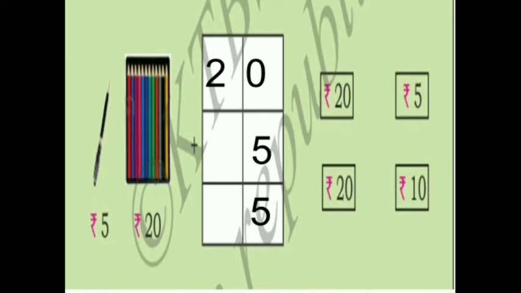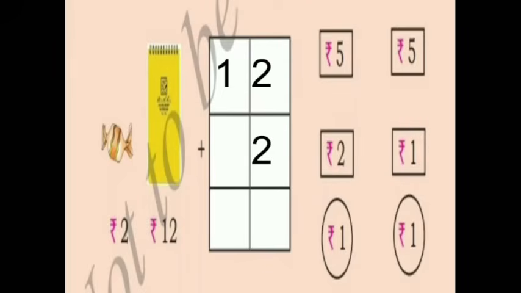In tens place we have only 2. So we should write 2 in tens place. Here they are given 20 rupee, 5 rupee, 20 rupee and 10 rupee notes. Which notes make 25 rupees? Yes, one 20 rupee note and one 5 rupee note make 25 rupees.